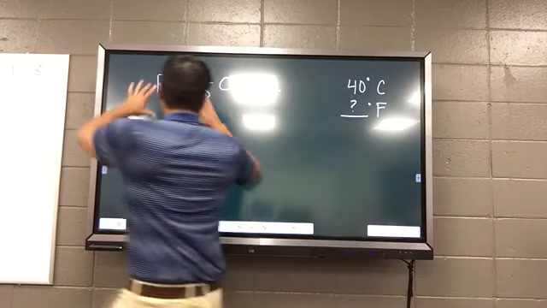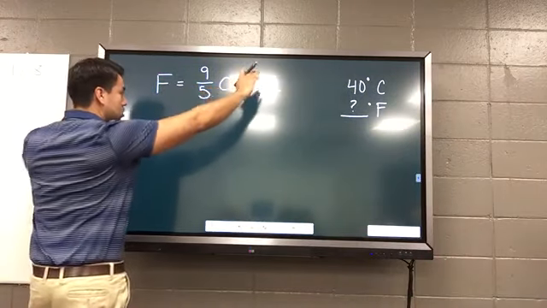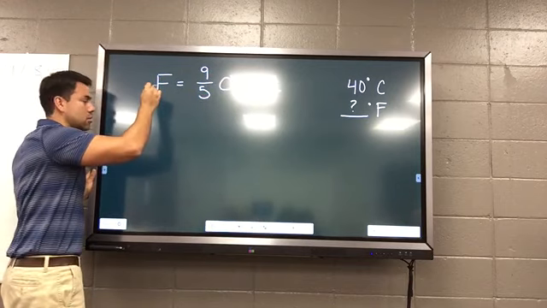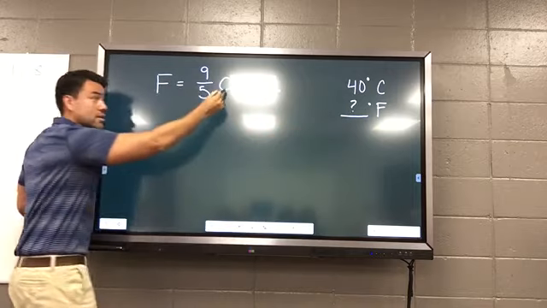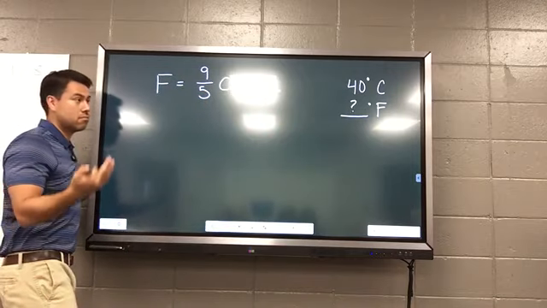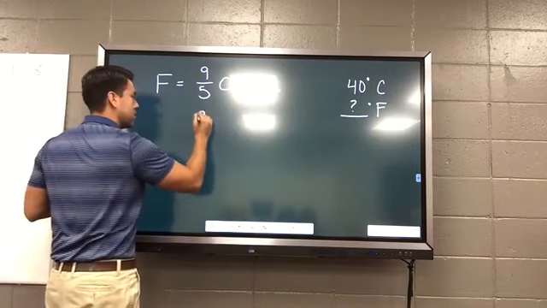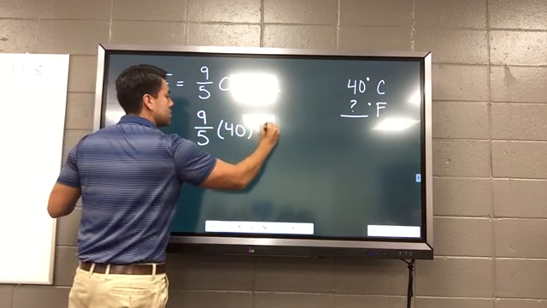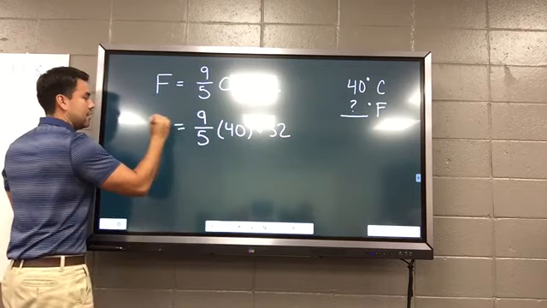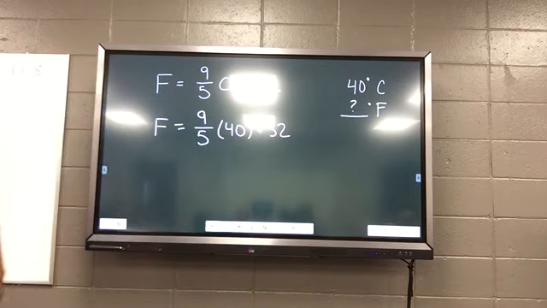In this formula right here, do I know the Fahrenheit temperature? Was I given that info? No, that's what we're trying to find. Do I know the Celsius temperature? Yes, we said it's 40. So here, 9/5 times 40 plus 32. And that's going to equal whatever temperature it is in Fahrenheit.